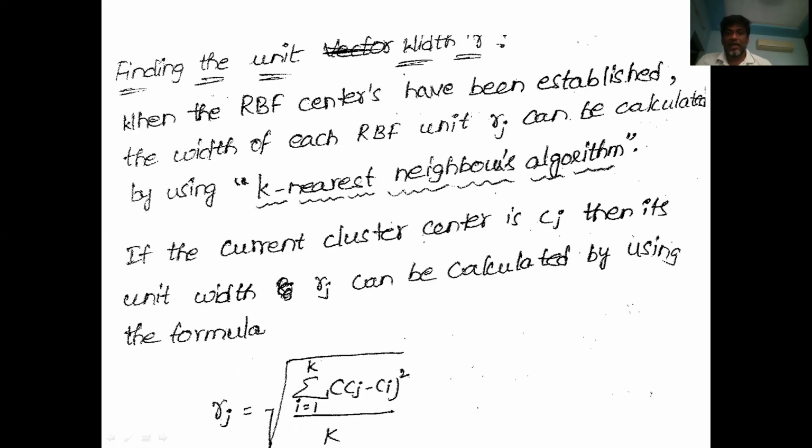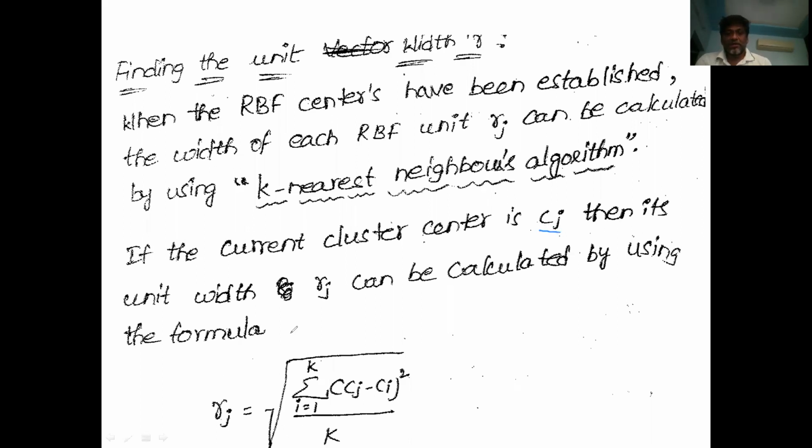Now for calculating the unit width Rj, we use the K nearest neighbors algorithm. Now, how can this be calculated? Let us imagine that the current cluster center is Cj. Please remember this terminology properly.